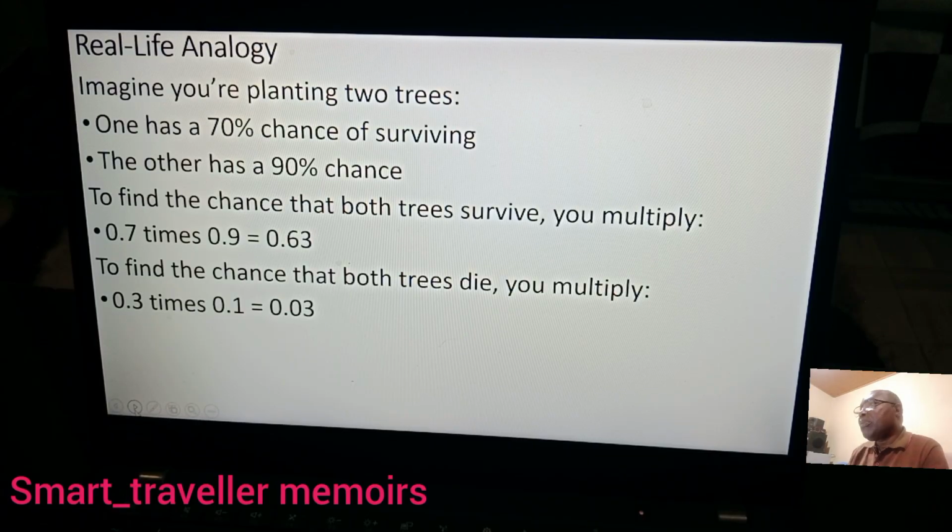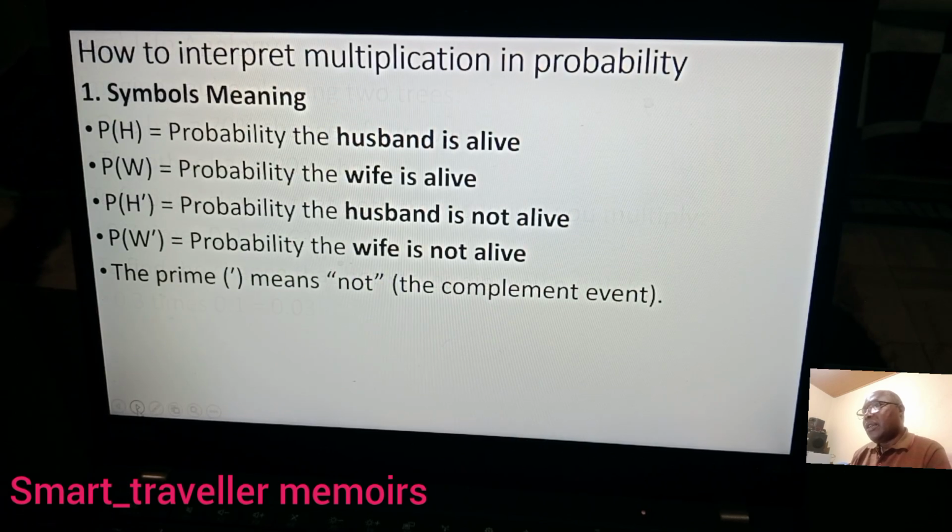How to interpret multiplication in probability? I'll come to the details at the end. Symbols meaning. PH means probability the husband is alive.